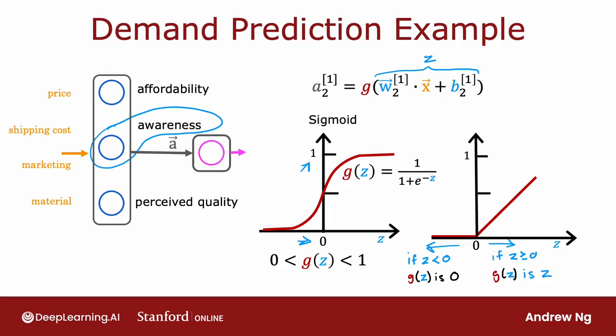And the mathematical equation for this is g(z) = max(0, z). Feel free to verify for yourself that max(0, z) results in this curve that I've drawn over here. And if a_2^[1] is g(z) for this value of z, then a, the activation value, can now take on 0 or any non-negative value.